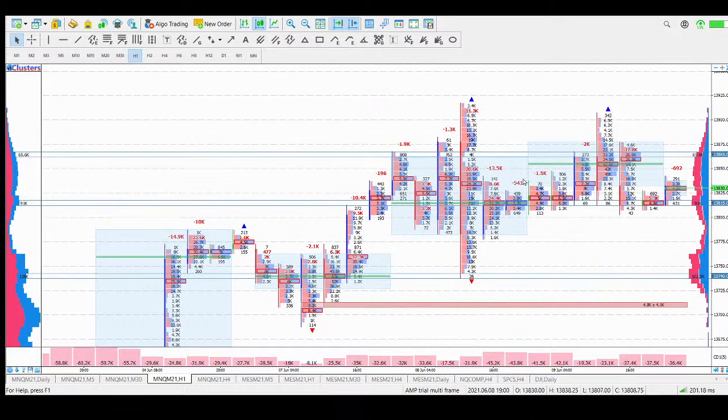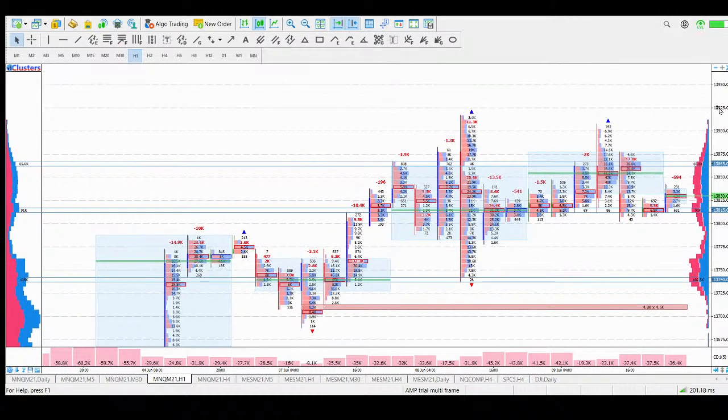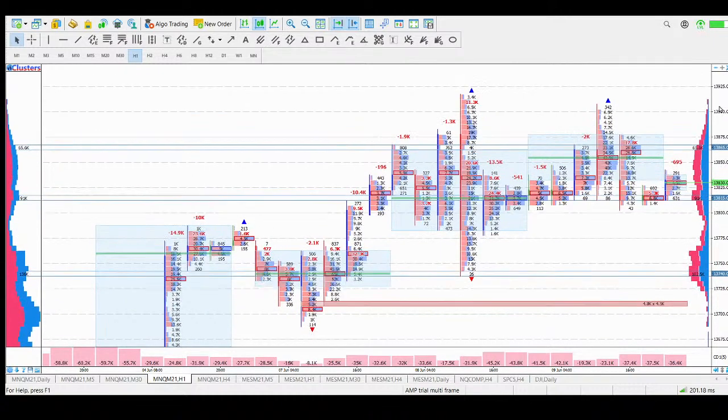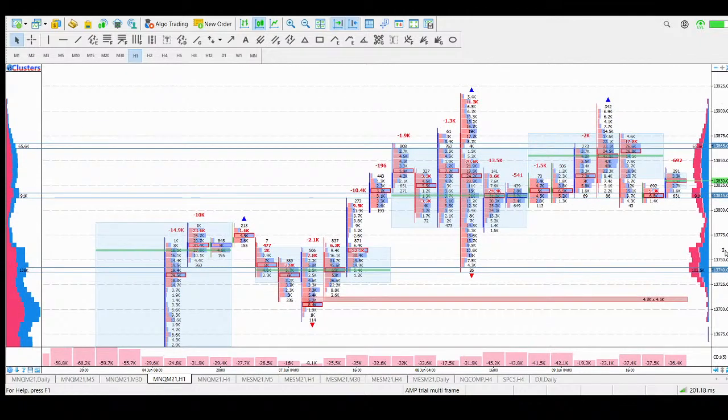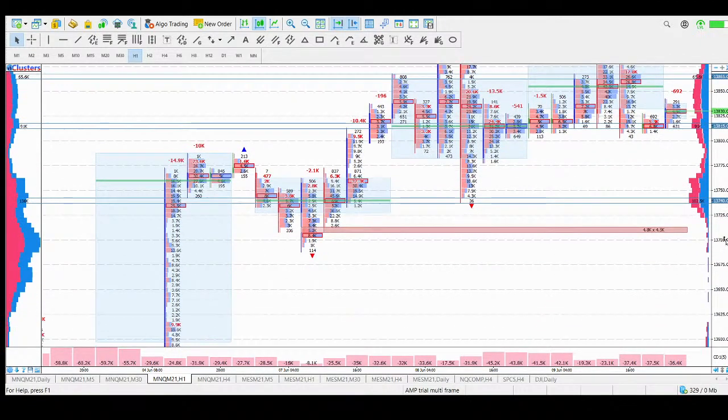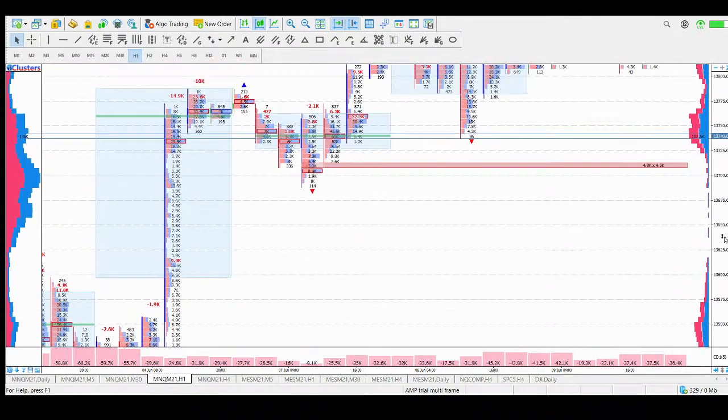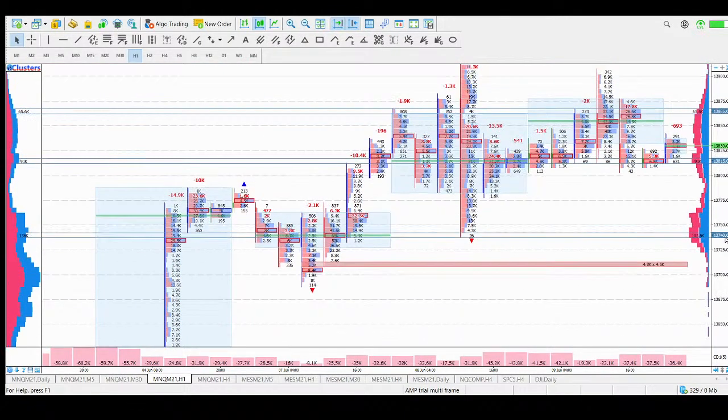As you can see over here, there's nothing else in here. It doesn't show you what's happening. It shows you the simple structure of the price levels that you see on other platforms, but it doesn't highlight the major levels.